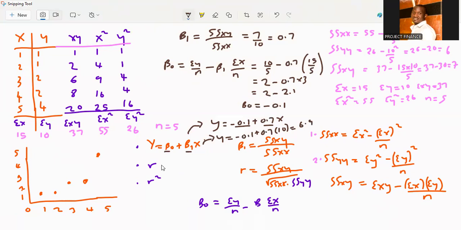Then our R stands for the coefficient of correlation. It measures the direction of the relationship. The formula is xy over the square root of xx times yy.